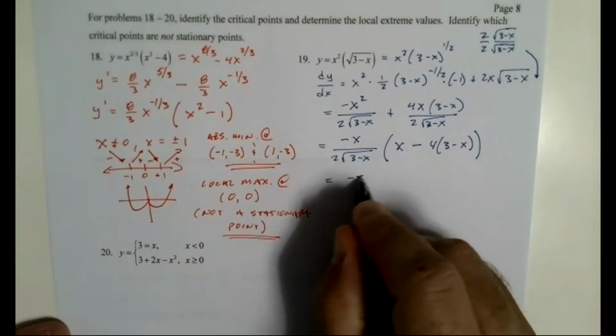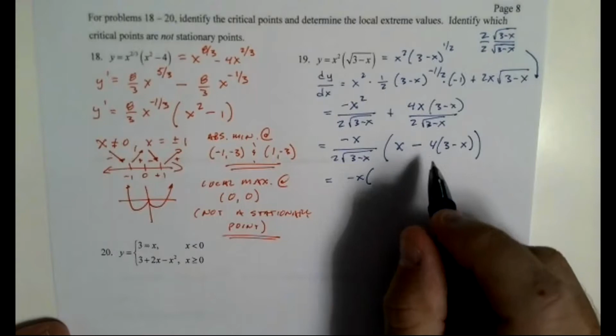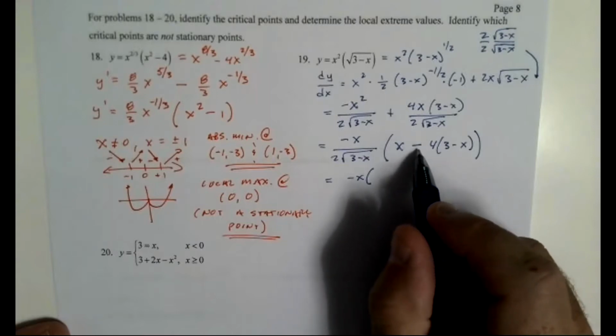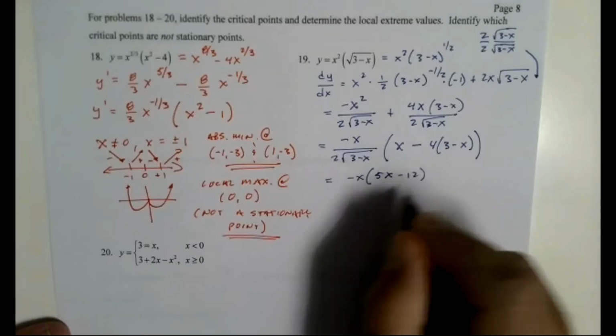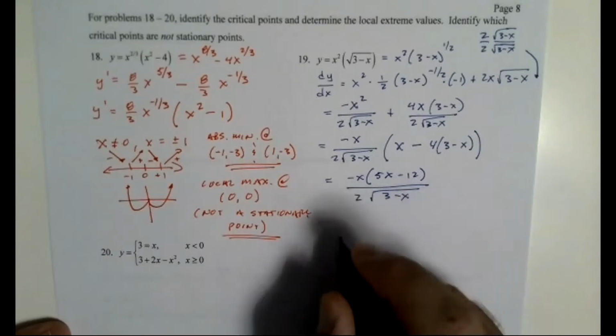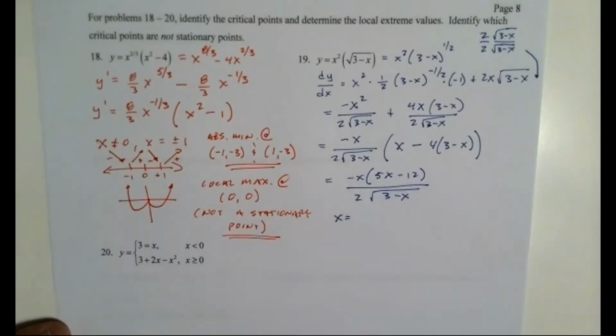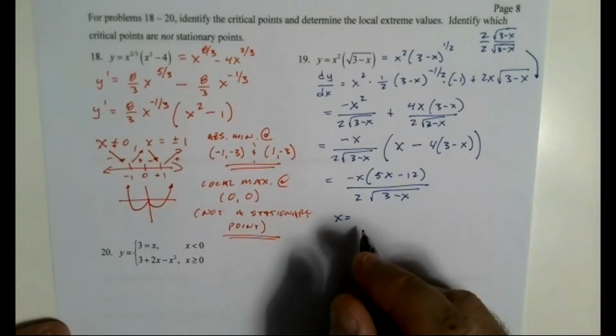Equals negative x times, minus 12 plus 4x, 5x minus 12, over 2 square root of 3 minus x. x equals 0 and 12/5.